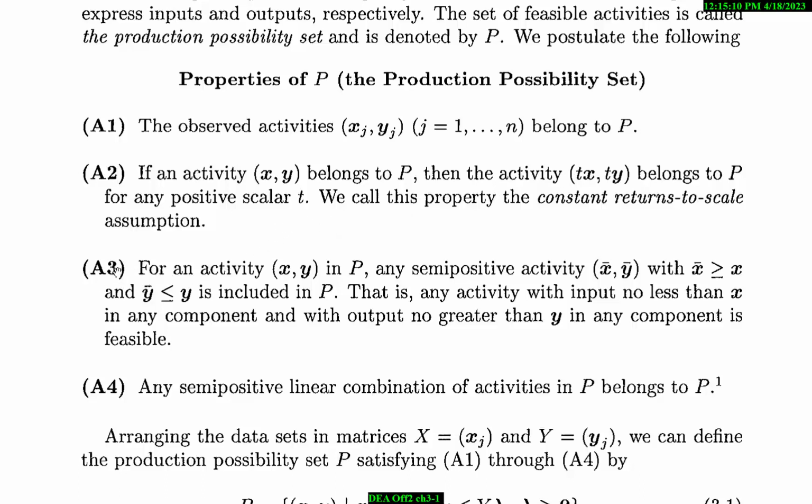The third property is that for any activity X and Y in P, any semi-positive activity X bar and Y bar, where X bar is bigger than or equal to X and Y bar is less than or equal to Y, is included in P. This means any activity with input no less than X in any component and with output no greater than Y in any component is feasible.